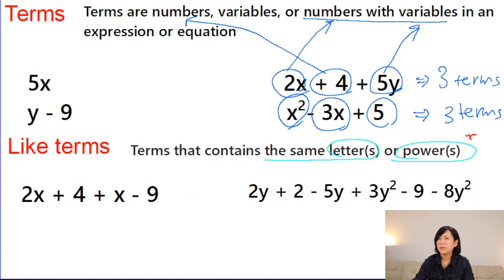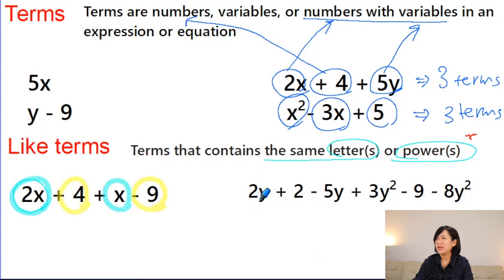So 2x, 2 times x. What is the like terms of 2x? 2x and x. They are like terms as we've got an x. Then 4 and minus 9 is the like terms because these are numbers. So it has got 2 like terms. Then next one, 2y. Can you find the like terms with 2 y's?